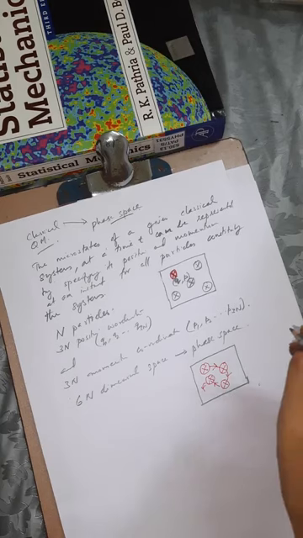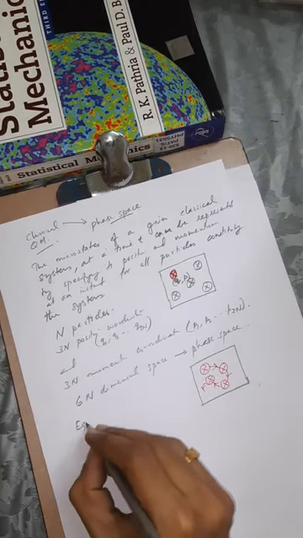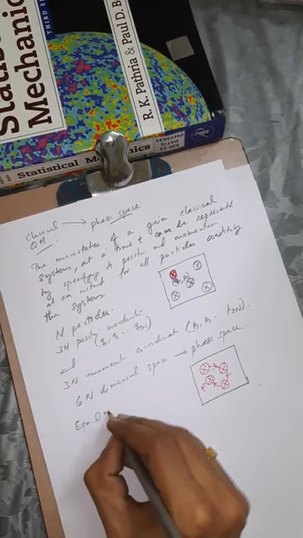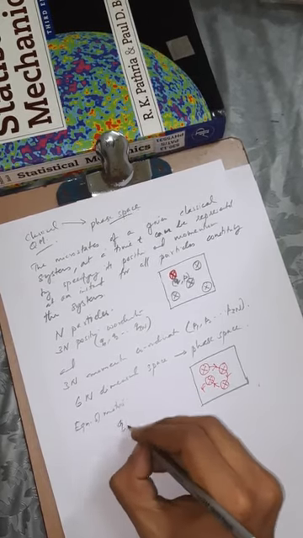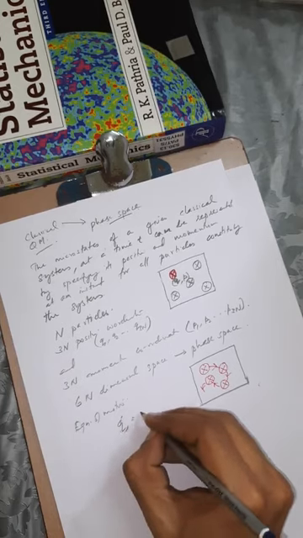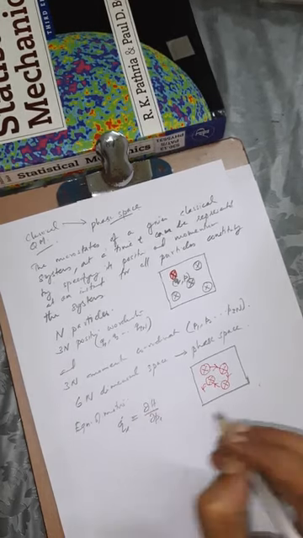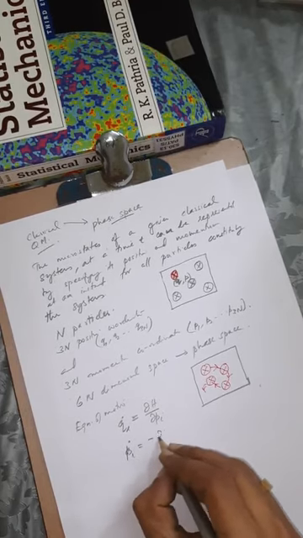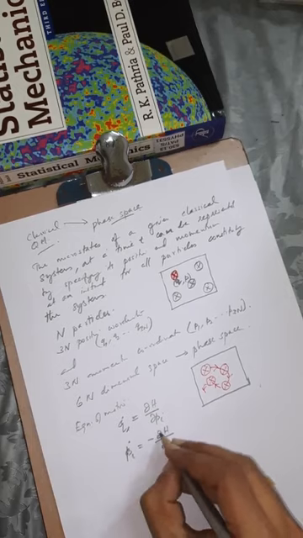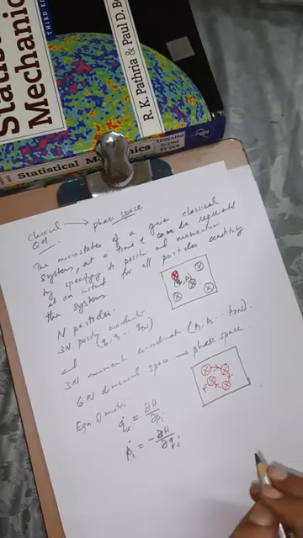That information is given by your equations of motion: qi dot is equal to dou H by dou pi, and pi dot is equal to minus dou H by dou qi.